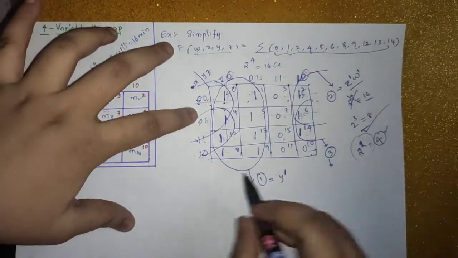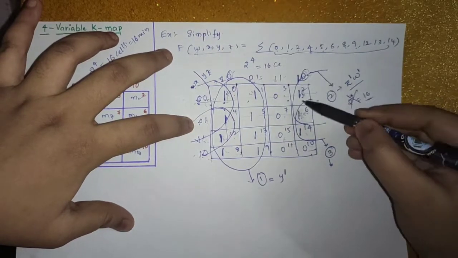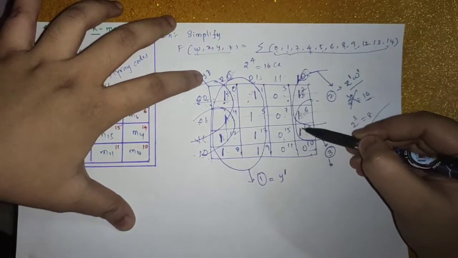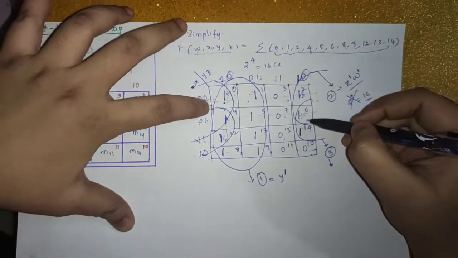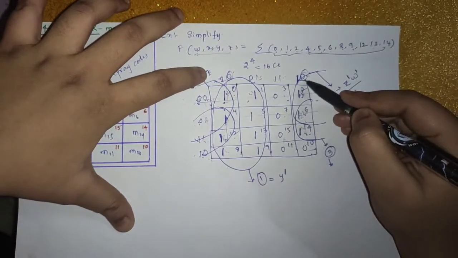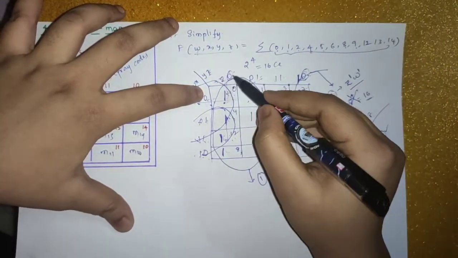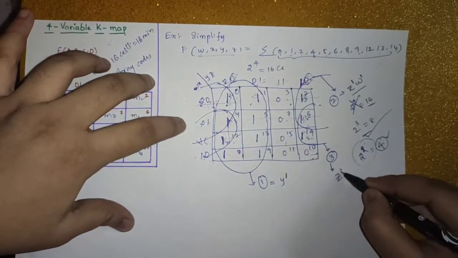And for the third one, here if you see column 1 0, the value of y is 1, in these 2 ones the value of y is 0, that is varying, ignore that. Here the value of z is 0, in this the value of z is 0, so it is the same, write z, but the value is 0, z dash.